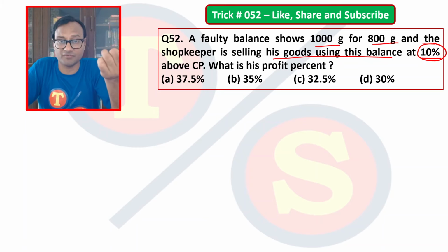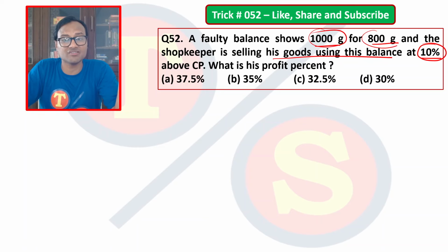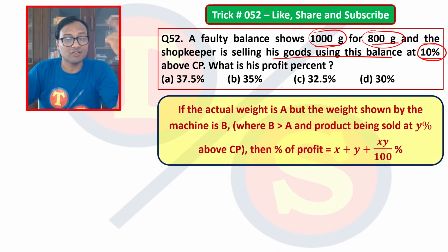The first profit is because of this faulty balance technique, the faulty measurement technique. Okay, so now if I see that because of the faulty balance technique, the profit is X%, right?